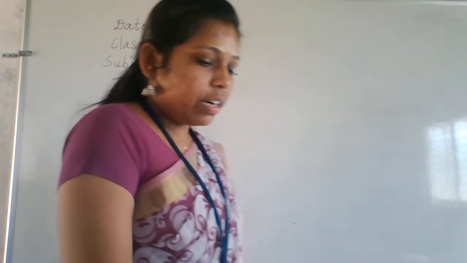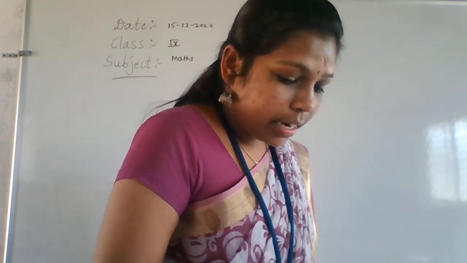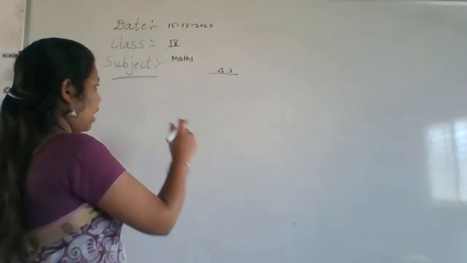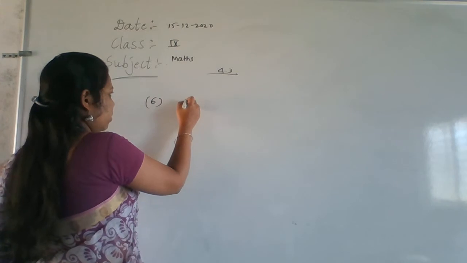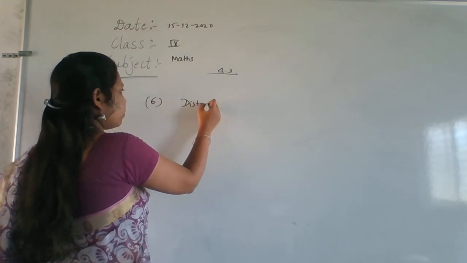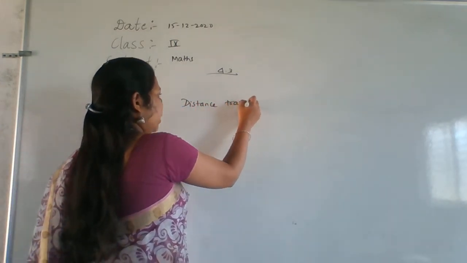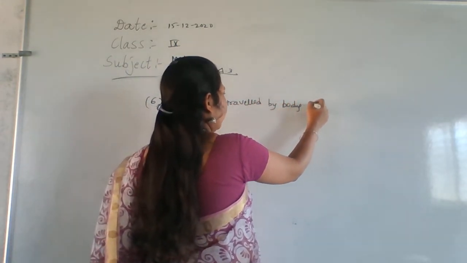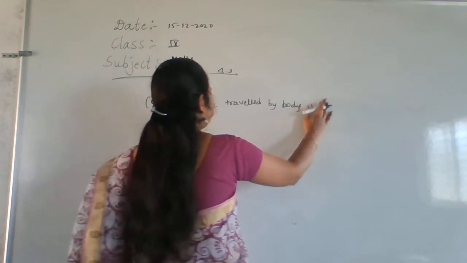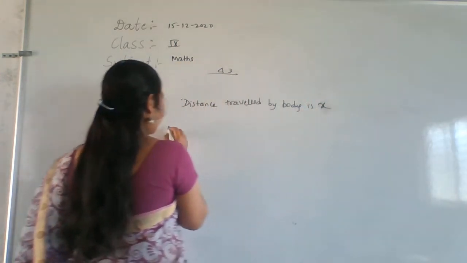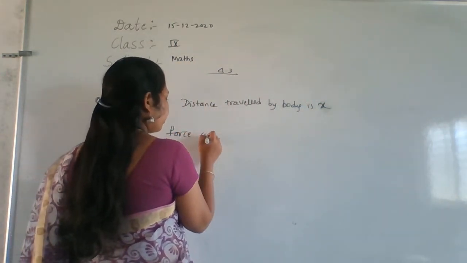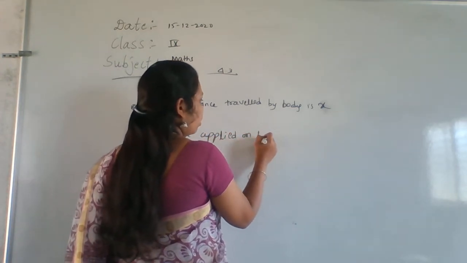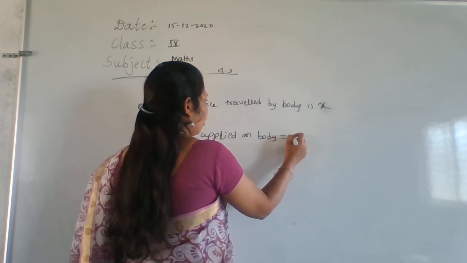So the distance travelled by the body is taken as x, and the force applied on the body is taken as y here. So for the sixth one, take distance travelled by a body as x, and next force applied on a body is equal to what?